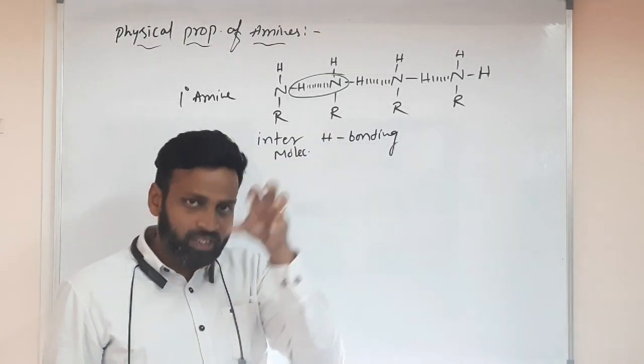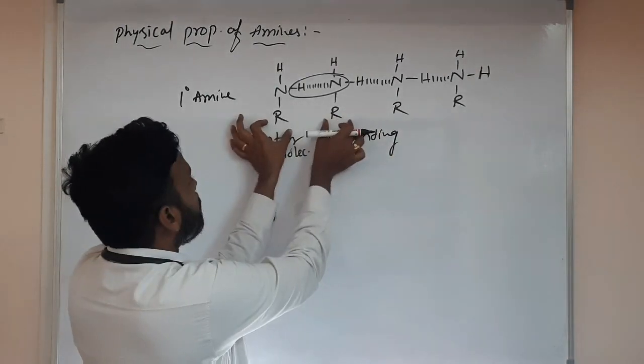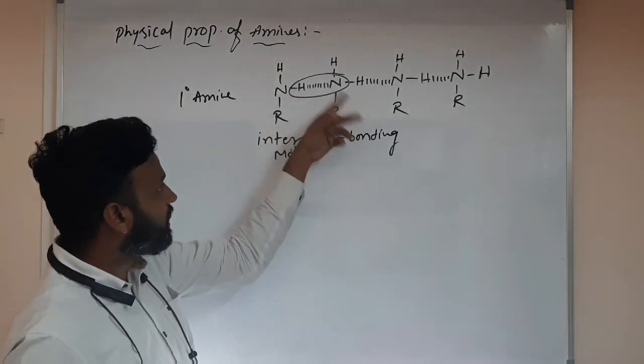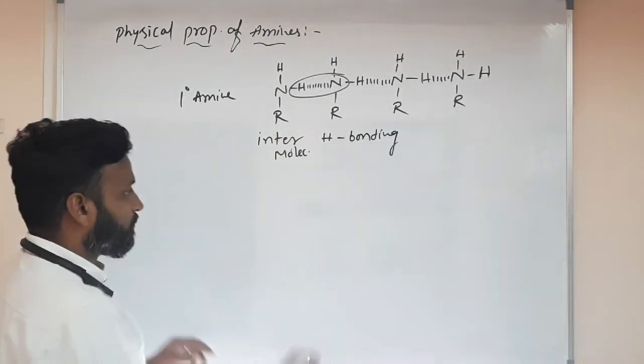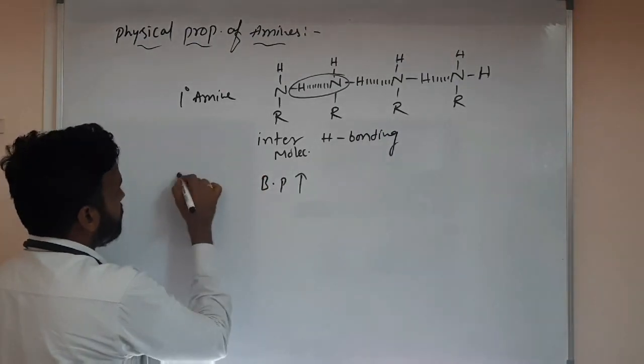If the hydrogen bond is within the molecule, it is intramolecular hydrogen bonding. So between two different molecules of the same kind there is a hydrogen bond, and therefore boiling points are very high for amines.